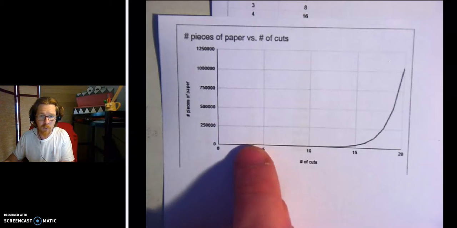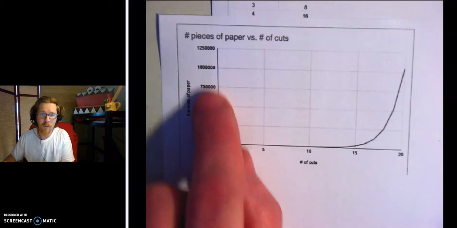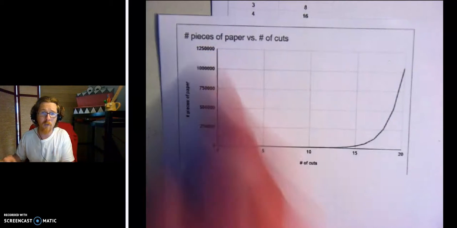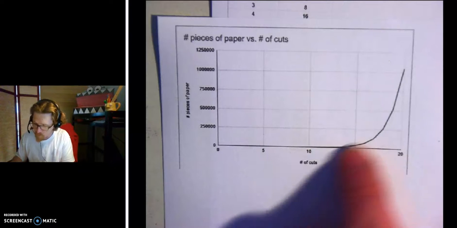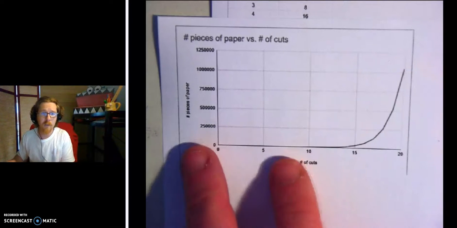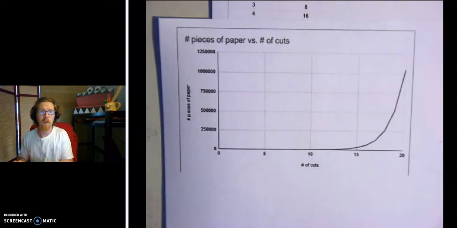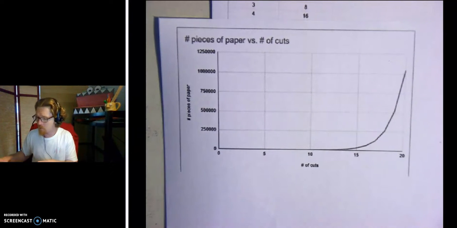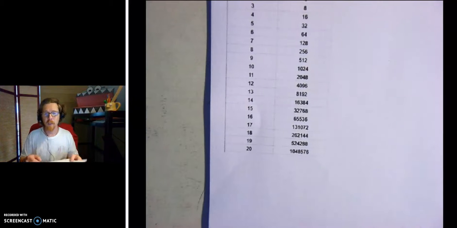At 1 cut, 2 cuts, you can barely see it because look at our Y scale. Our Y scale has to be really big because we need to register those really big numbers at the end. We call this exponential growth because it starts off not growing very much and then it starts to grow a lot. Exponential growth is what's happening as each thing starts to double.